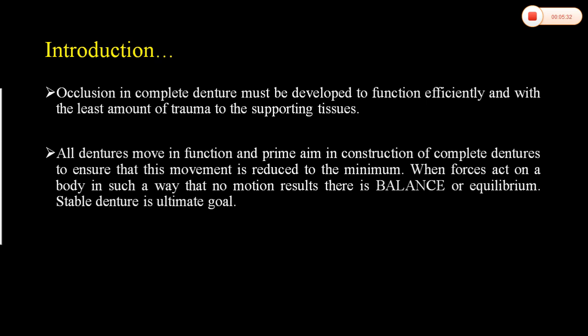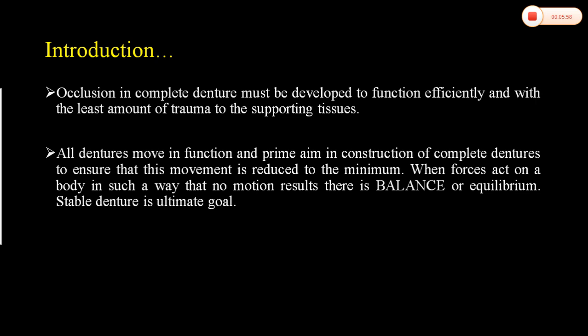So the movement of the denture base on the mucosal tissues has to be minimized so that the amount of forces going on to the tissues will be decreased. When forces act on a body in such a way that no motion results, there is a balance or equilibrium.